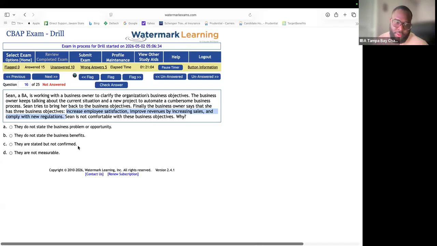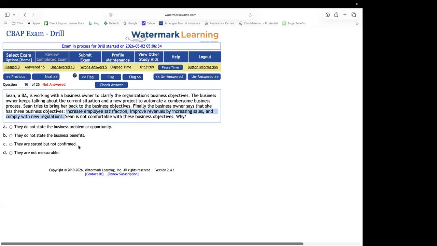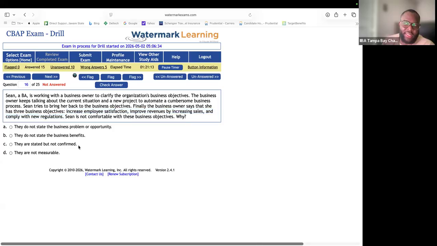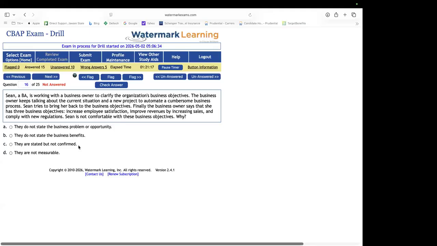And what do you think on C? They are stated but not confirmed. Yeah, go with C. Keep it or delete? I didn't get that. Retain C. Okay.